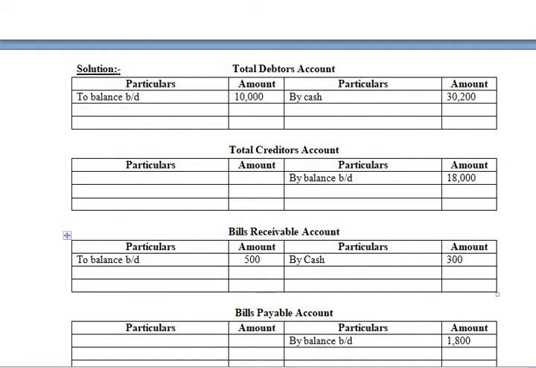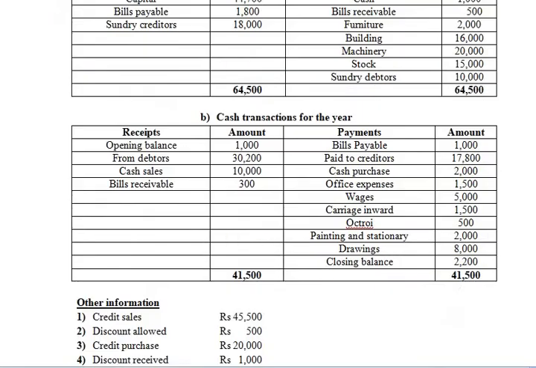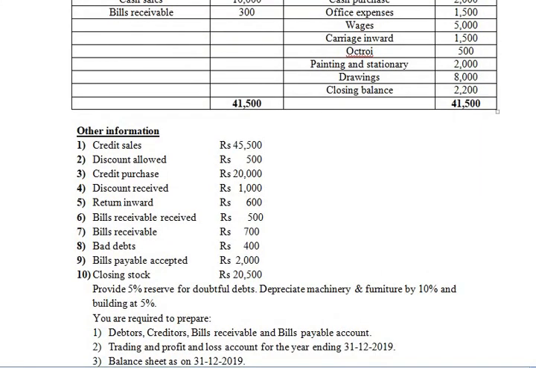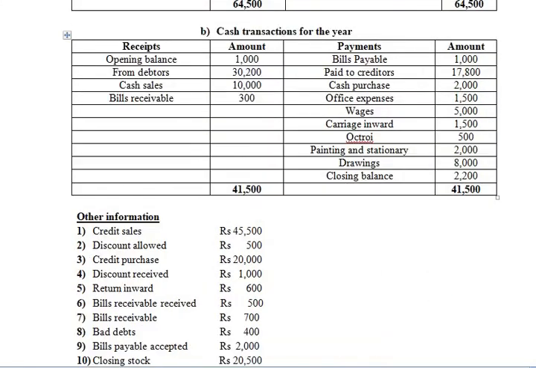Okay, next, after bills receivable, let's go to the payments. Now cash paid. Bills payable 1,000 rupees. You have paid the bills, which is worth 1,000 rupees. So it is nothing but bills paid.